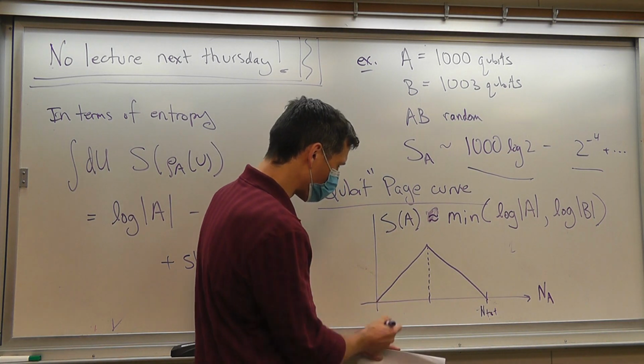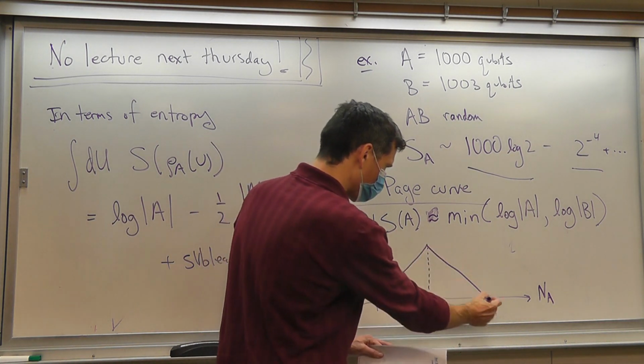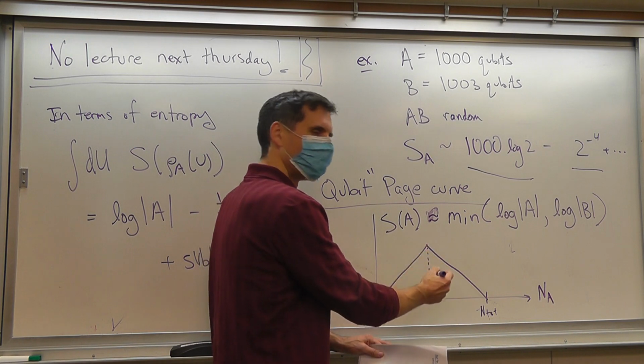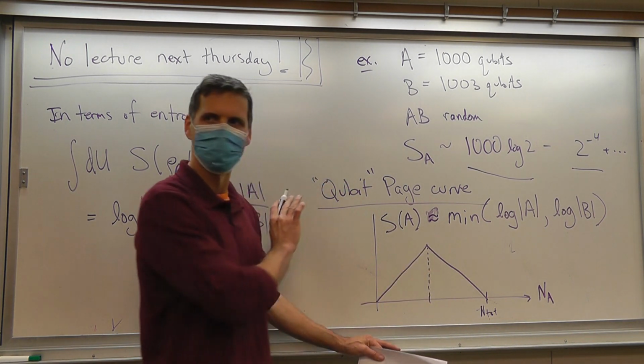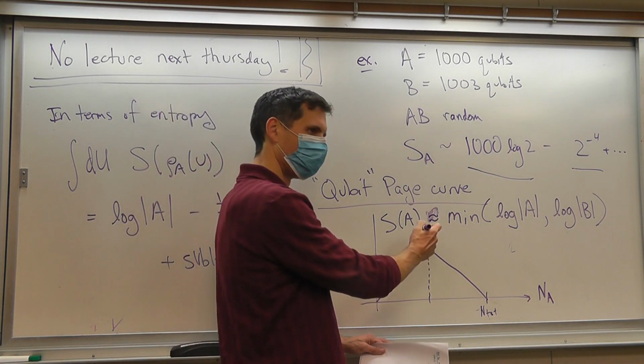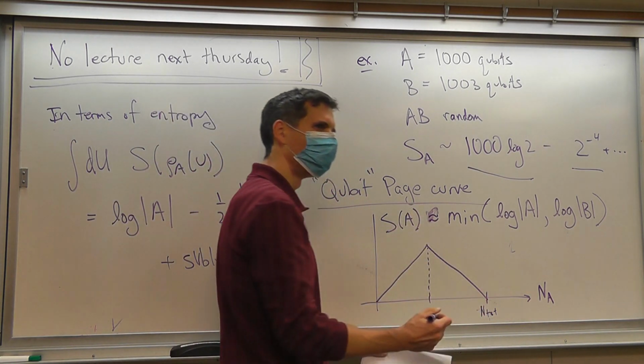Depending on what black hole you're talking about, the curves are not exactly linear, and the transition point is not exactly in the middle, but it looks basically the same. The curve goes up, and then it suddenly turns over and goes back down.